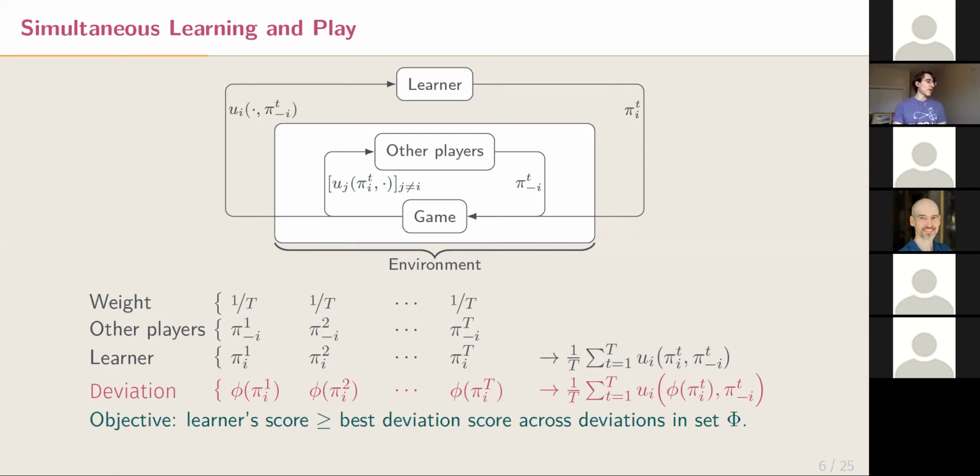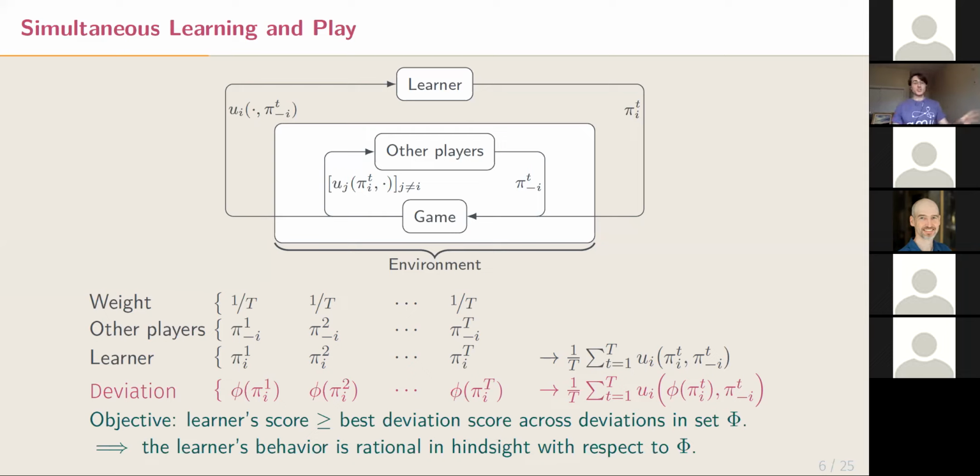So finally, we have an objective that looks back across T rounds and asks if the learner's score is at least as good as the score from the best deviation across some set. We can start with some set of deviations and look at all the scores that we could have gotten had we changed our behavior in this way.